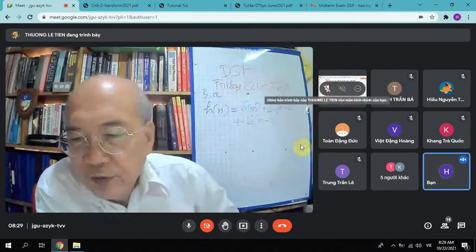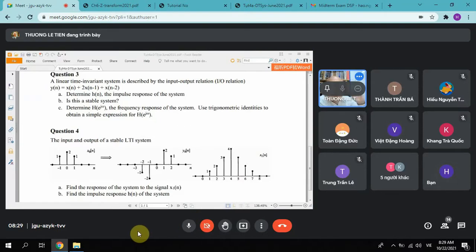This one is very easy when you remember the basic definition of the delta function and the impulse response. So you can easily substitute y by h and x by delta[n]. Then you can easily write down the answer for the exam like this.